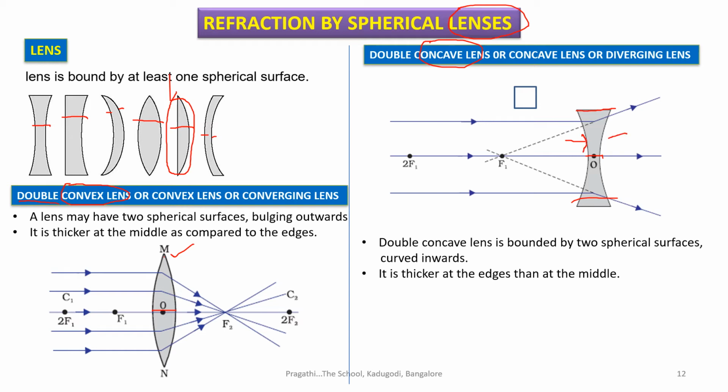As you've seen in mirrors, if the curve is inward, it is called concave. Clear? So which are the two types of spherical lenses? One is convex lens, the other is concave lens.